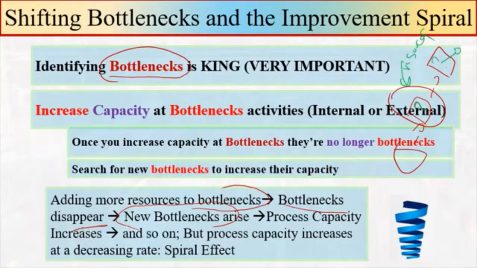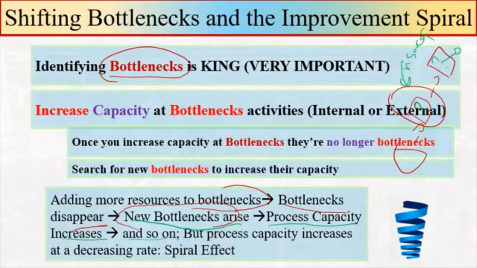So now we have to add resources here and so on. There's a spiral effect, and there are always new bottlenecks arising, and new process capacity increases and so on. The process is going to keep going in a circle.